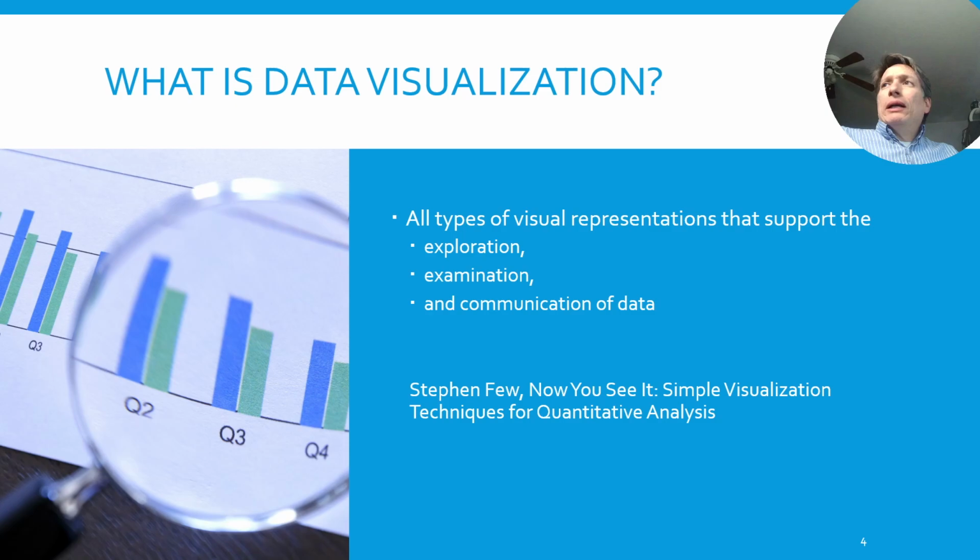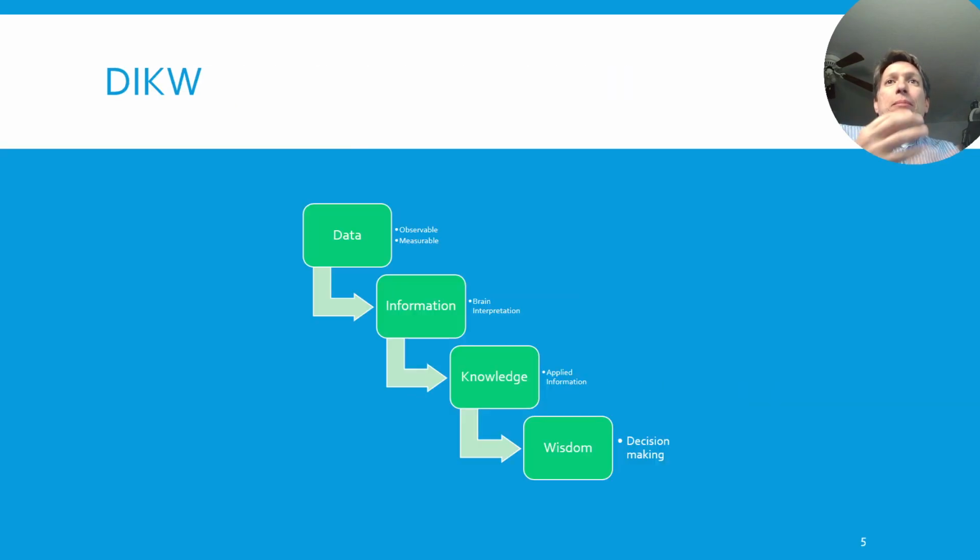But then, why is this important, and how does this fit with informatics? If you remember, the big premise of informatics is this cascade of data, information, knowledge, and wisdom.